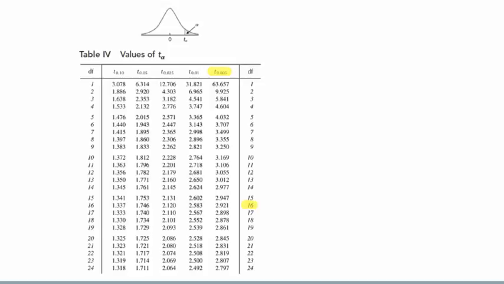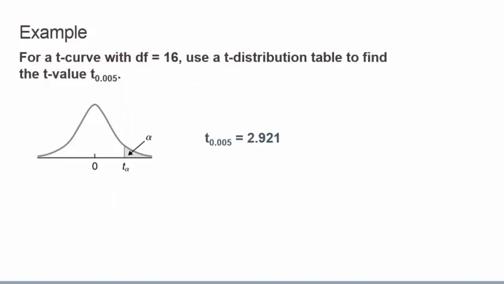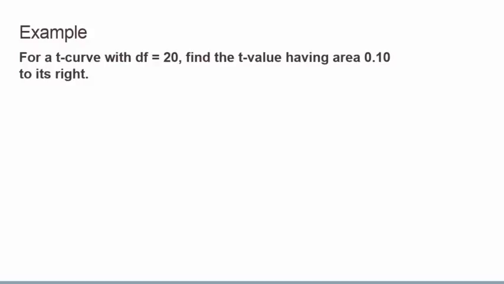Where the row and the column cross gives us our t-value, 2.912. t.005 equals 2.912.